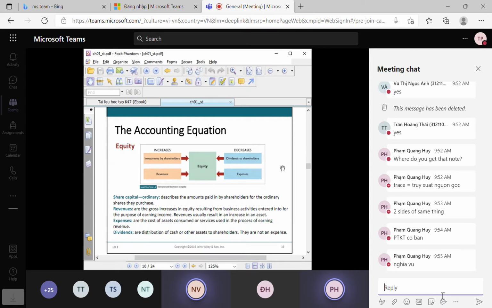Related to equity, we have four components that affect equity.